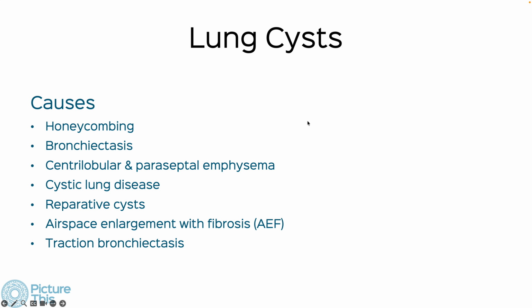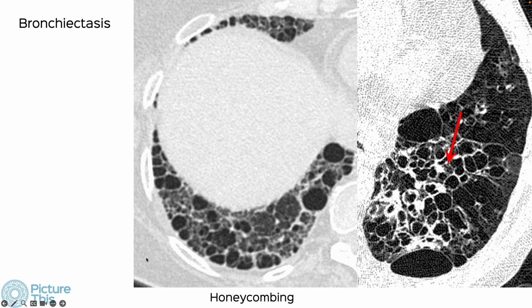But because honeycombing is so important, we should be able to differentiate among the various cystic or lucent conditions that can simulate honeycombing. And here is the list. I'll just show you two examples. One is bronchiectasis, which is an easy differential.